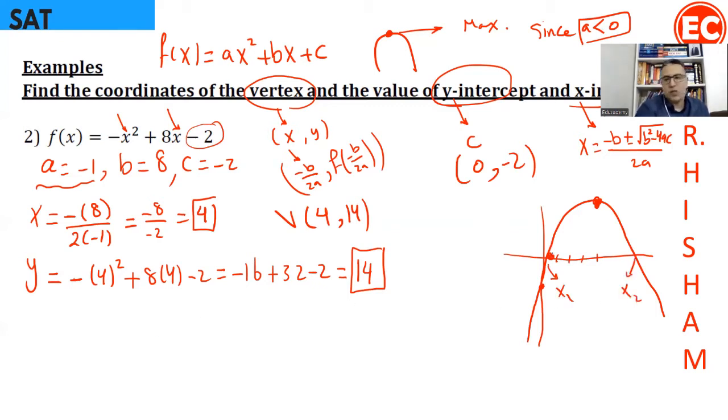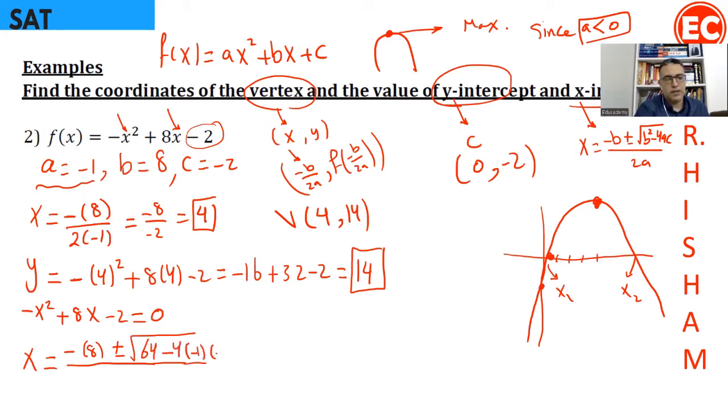If I wanted to find x1 and x2, but it's not necessary right now, you would make the whole equation negative x squared plus 8x minus 2 equal to 0. By using the quadratic formula, it's negative b, so negative 8, plus or minus the root of 8 squared, which is 64, minus 4 by a by c, over 2 by a.